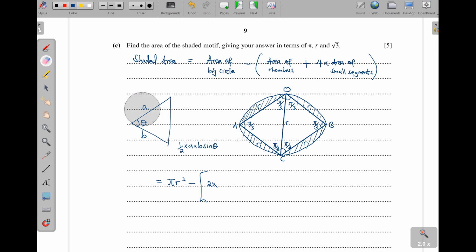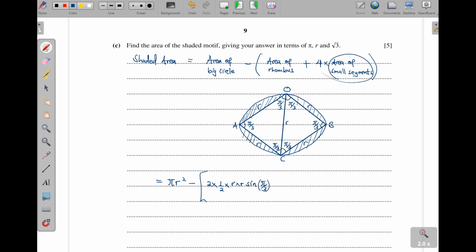You remember? Okay, so that is what we are going to use also here. This is a half, then times r, then r, sine of this angle here. So r times r, then sine of pi over 3. Okay, that is now the area of the rhombus.